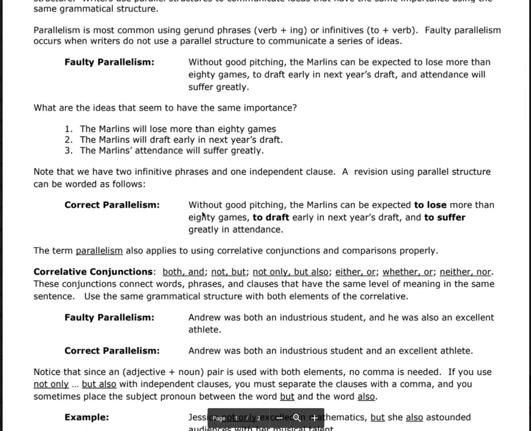Without good pitching, the Marlins can be expected to lose more than 80 games, to draft early in next year's draft, and to suffer greatly in attendance. So now we're parallel. We use the infinitive forms of the verbs for each of the three ideas that are of the same importance, okay?